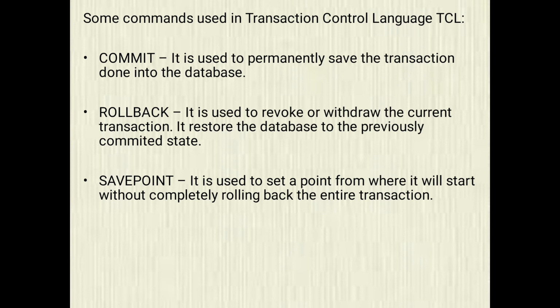Next we have the transaction control language. The first command used in transaction control language is commit. What does it do? It is used to permanently save the transaction done into the database. Once you use the commit keyword, any transaction that has been made in the database becomes permanent.